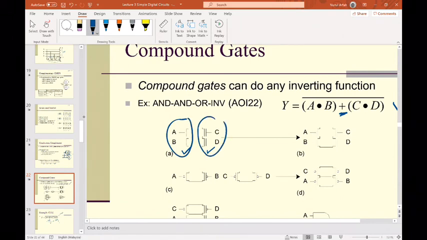And you know that OR should be in parallel, right? Parallel. So how to combine? You just connect the drain side and the source side. So when you connect this, you have 2 in parallel because they are connected here and connected to here.